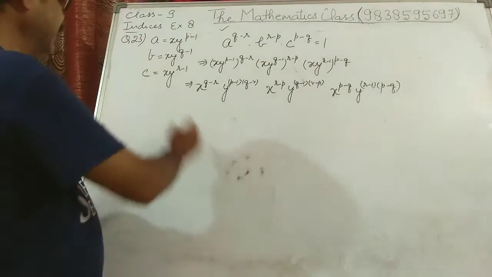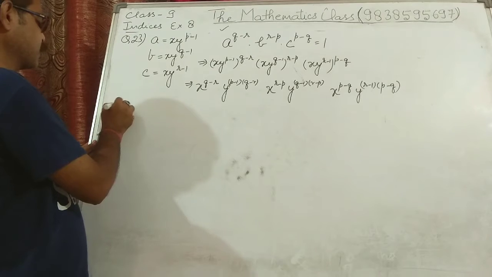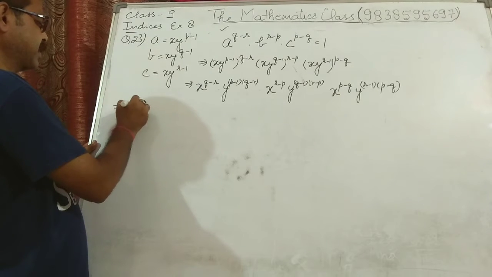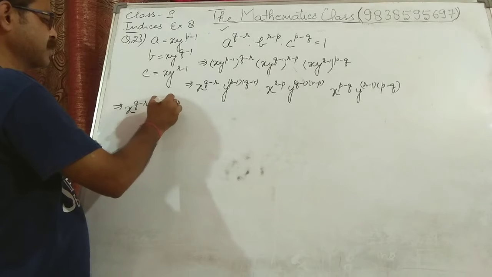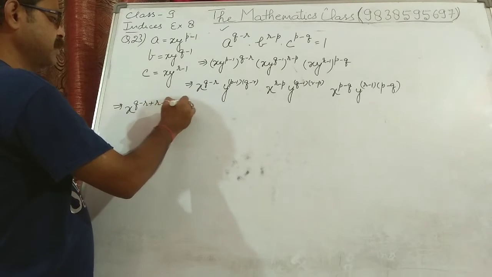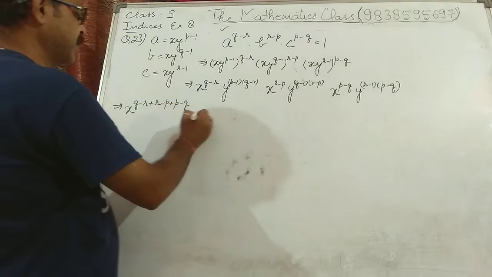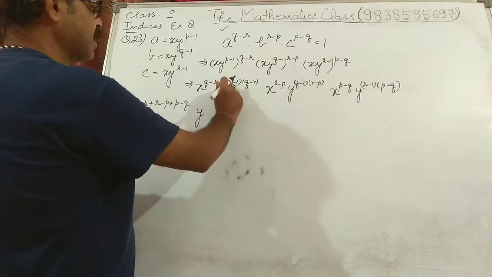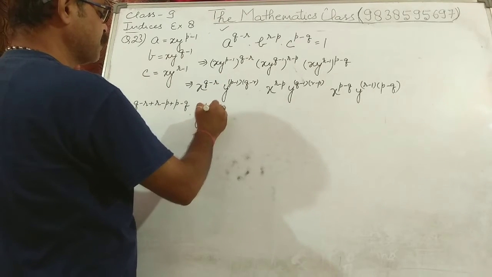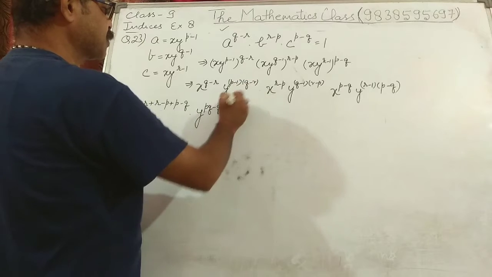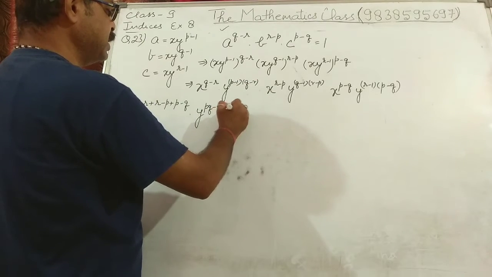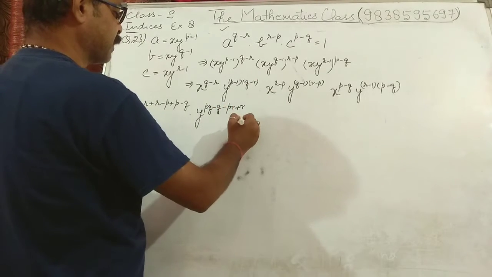Now, we will take all the x together. So, x can be written as q minus r plus r minus p plus p minus q. Whereas y can be written as: p into q is pq minus q, pq minus q minus pr plus r.